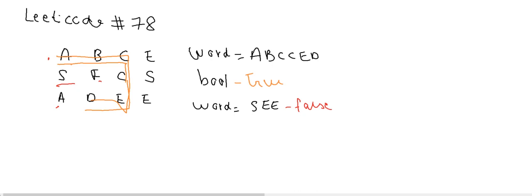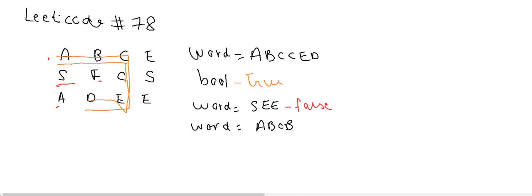Okay. Now let's take the same grid, and this time you are given the word A, B, C, B, and you need to search this word in the grid.